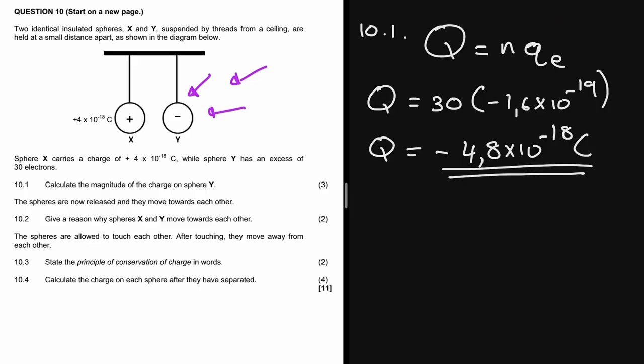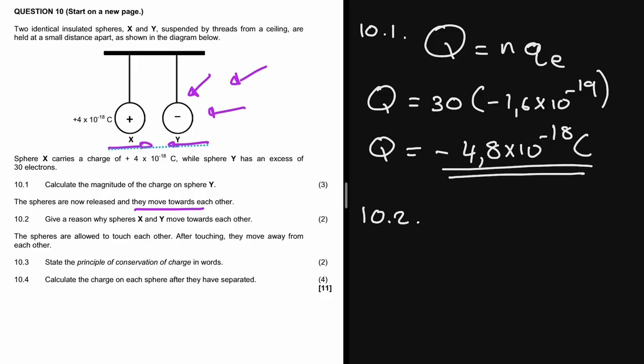If we move on, the statement says that the spheres are now released and they move towards each other. So 10.2 says, give a reason why spheres X and Y move towards each other. These spheres have opposite charges. Remember, if you have opposite charges, we have a force of attraction between the charges.